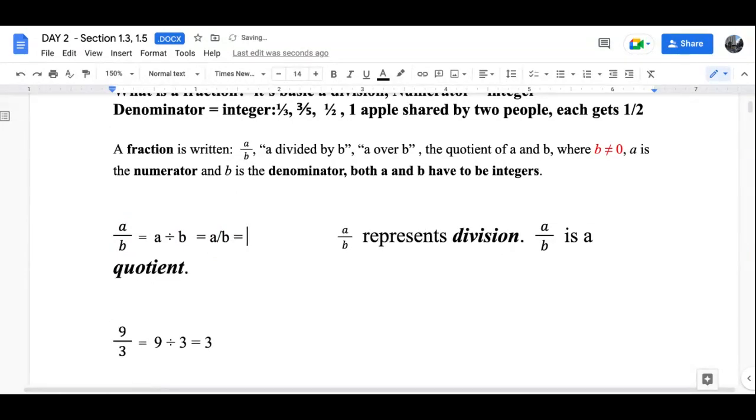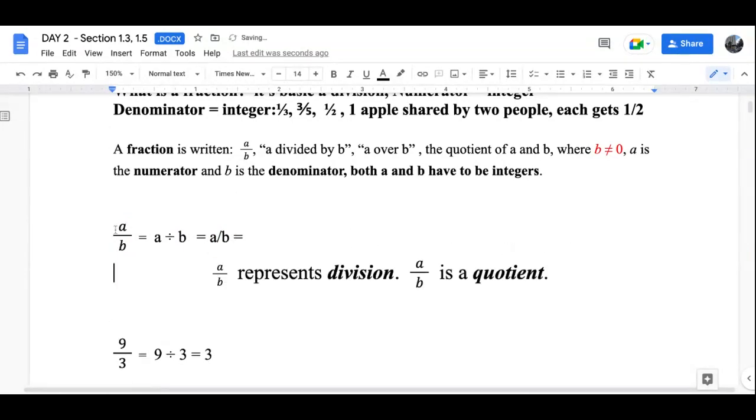Or I can write it this way: a multiplied by 1 over b. So make sure we understand this. Or I can write it like this: a with parentheses, 1 over b. Okay, anyone has any questions?